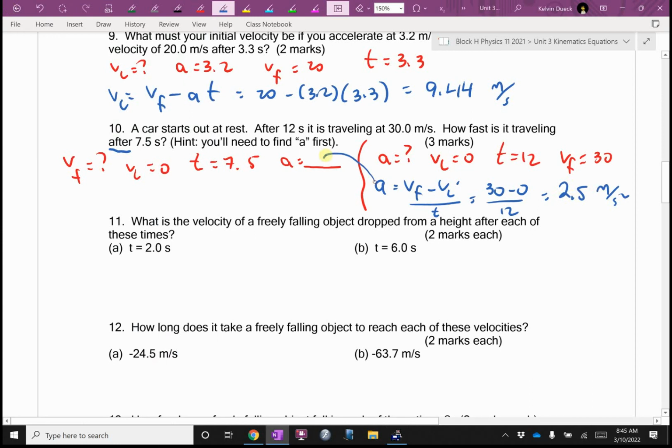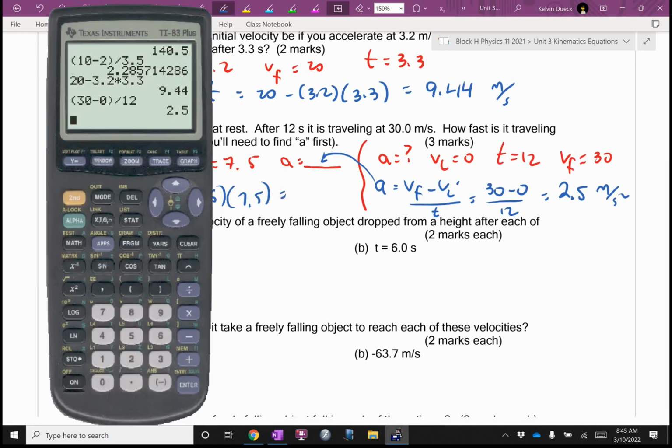And now I can say VF equals, you know what? I don't even need to write VI. It equals AT. It equals 2.5 times 7.5. Here's our final answer. Is it 18.75? If you wrote that, I'd give you full credit. 18.8?